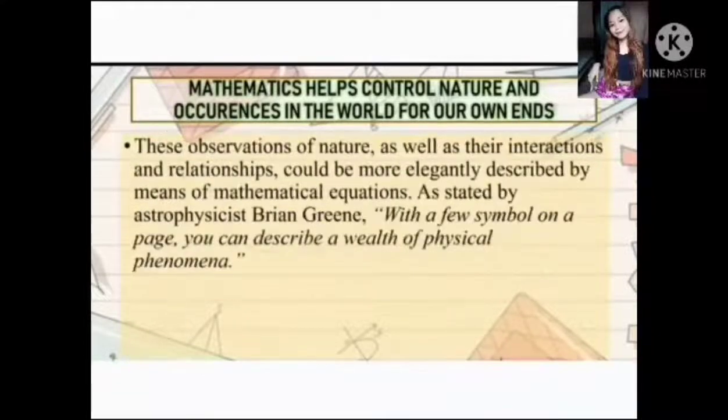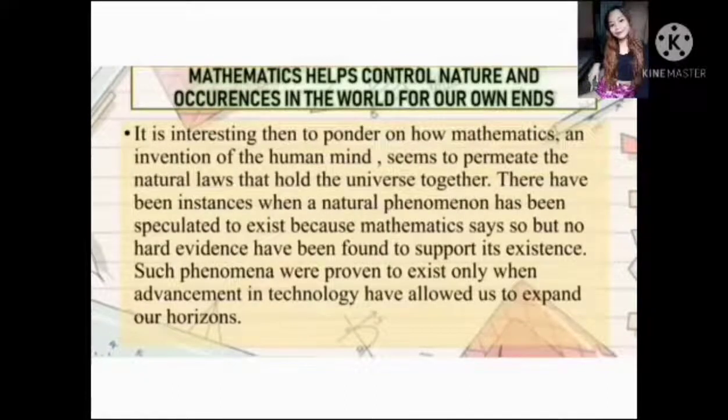The observation of nature as well as their interaction and relationships could be more elegantly described by means of mathematical equations, as stated by astrophysicist Brian Greene. With a few symbols on a page, you can describe a wealth of physical phenomena. It is interesting then to ponder on how mathematics, an invention of the human mind, seems to permeate the natural laws that hold the universe together.